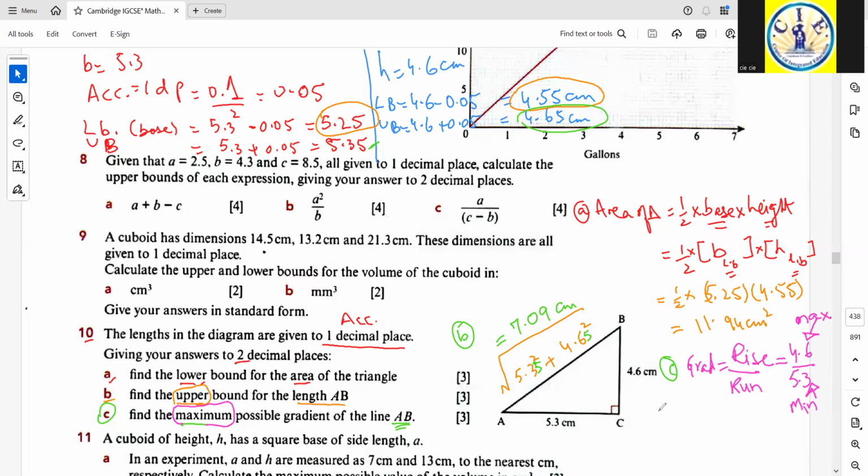So substituting corresponding values, it would be 4.65 in the numerator and 5.25 in the denominator, the minimum value or the lower bound, and 4.65 the upper bound or the maximum value for the height, which will give us 0.89. And since this is the gradient, it has to be a unitless quantity.